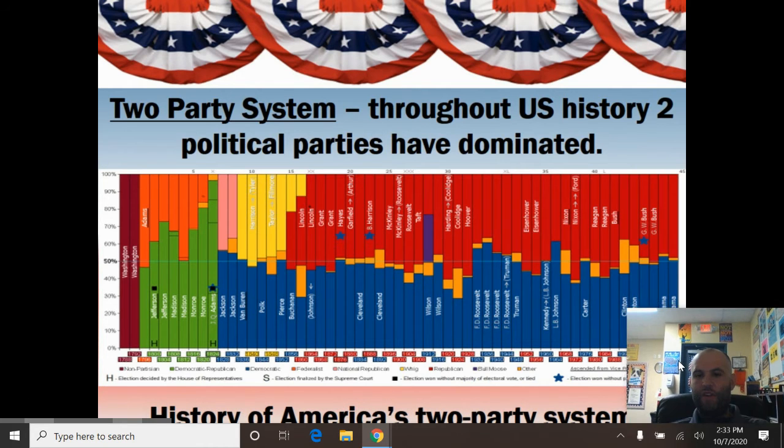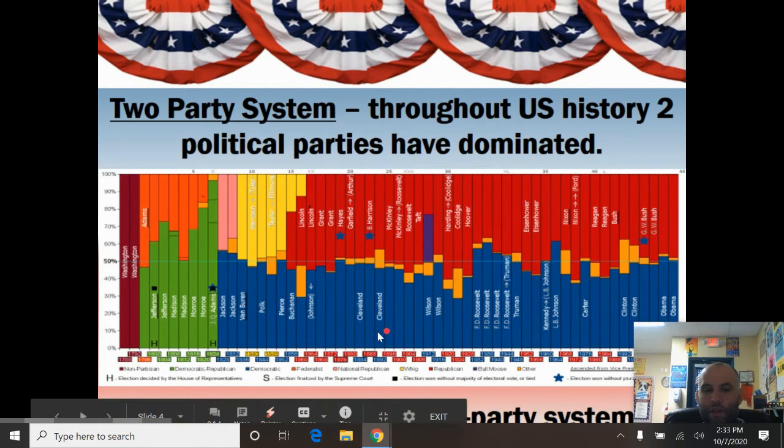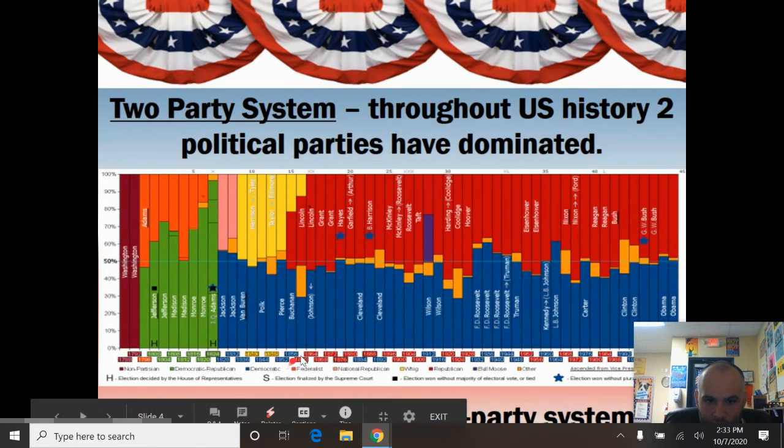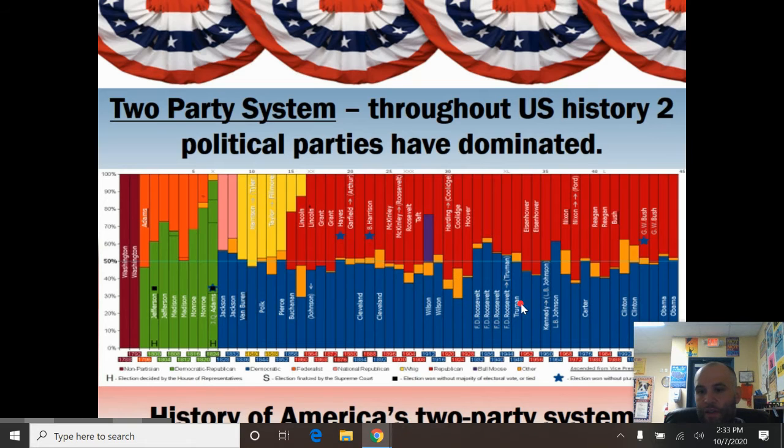So nothing you have to take notes on here. This is kind of a cool picture, but this just shows what the major political parties are throughout our history. You can see from like 1864, the two parties have been Democrats and Republicans, and it shows which president won each one. A little outdated because President Trump's not on here on the Republican, but there have been other political parties throughout our history. This is the Whig Party. This is the National Republican Party.